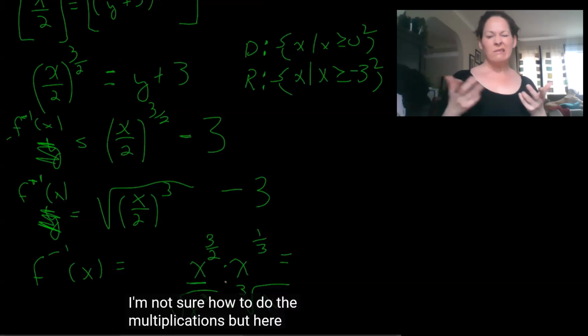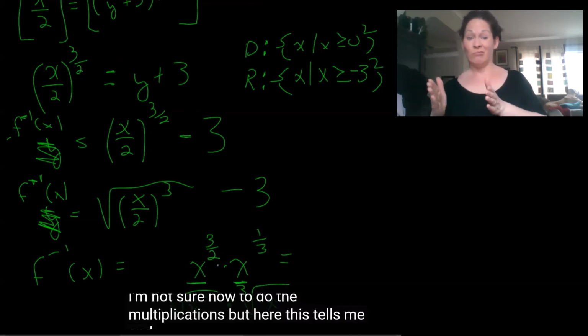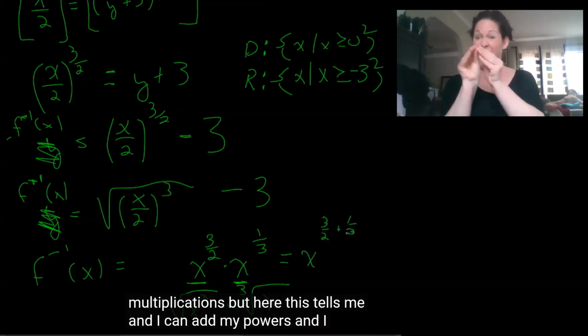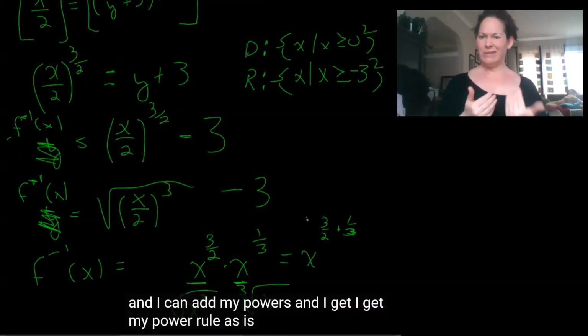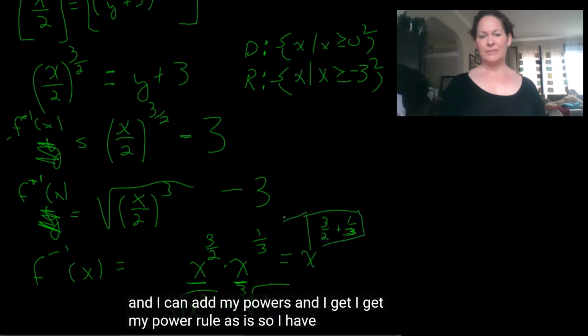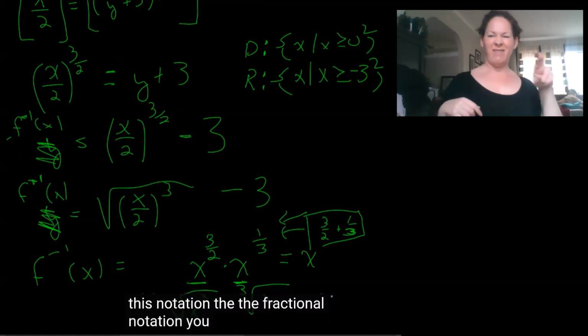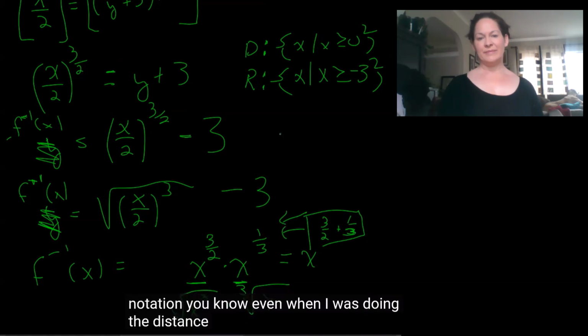But here, this tells me I can add my powers, and I get my power rule as is. So I have preferred the fractional notation, even when I was doing the distance formula.